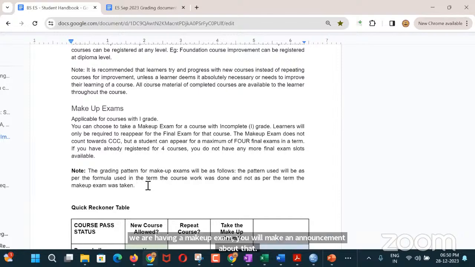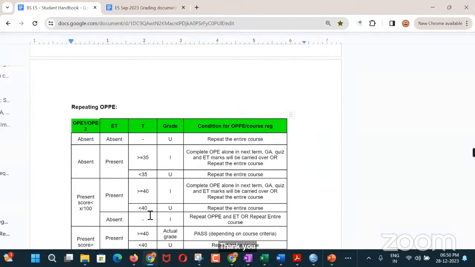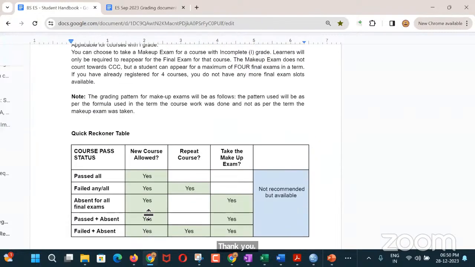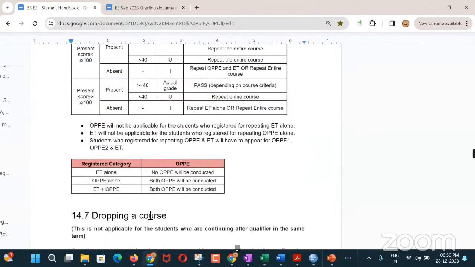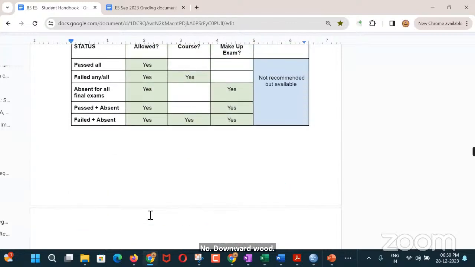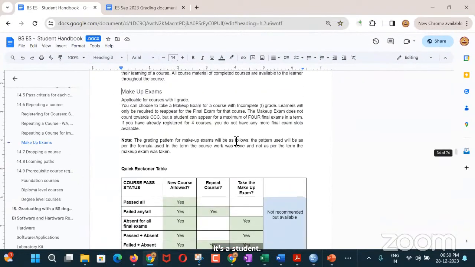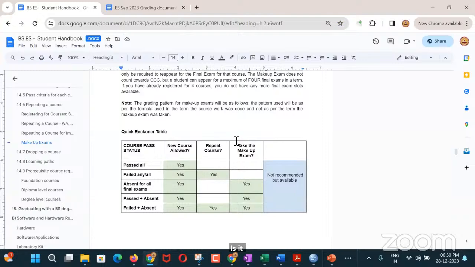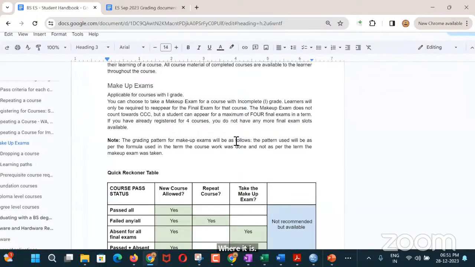Sir, down the page, sir, there is the first makeup exam, second makeup exam. This one here. Downward. It's the student handbook, no? Yeah, this is the student handbook. This is the first makeup exam and second makeup exam there. Where is it? Is it on this particular page?